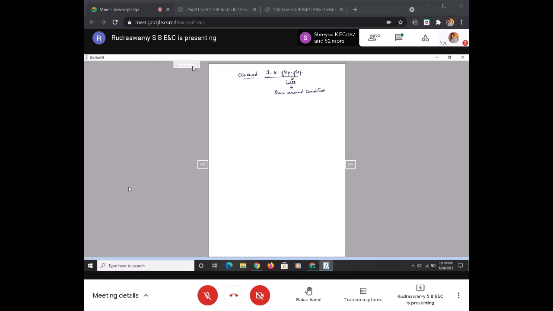Meaning, when both J and K are 1, logic high, the output won't be stable, it will be unstable. Neither will it be in logic 0 nor in logic 1. It will be continuously varying between 0 and 1, and that's what we call a race around condition.